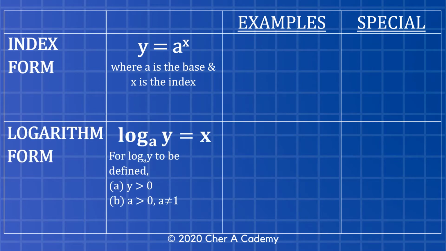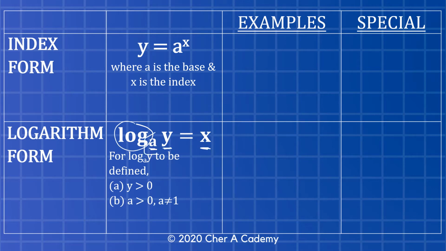So our new friend logarithm, or in short we call it log, is another way of expressing our index form. In index form, it's a simple y equals a to the power of x. If we express it in the log form, we will see the word log, L-O-G, with a base a, y equals x.